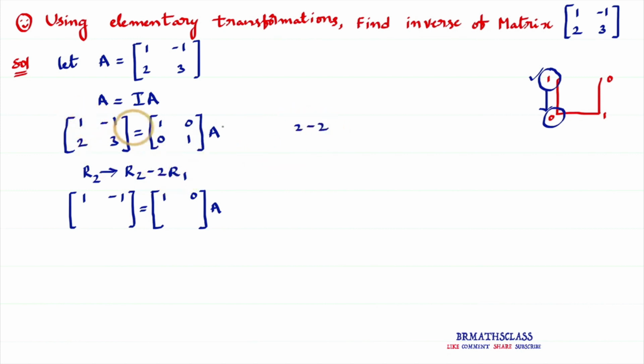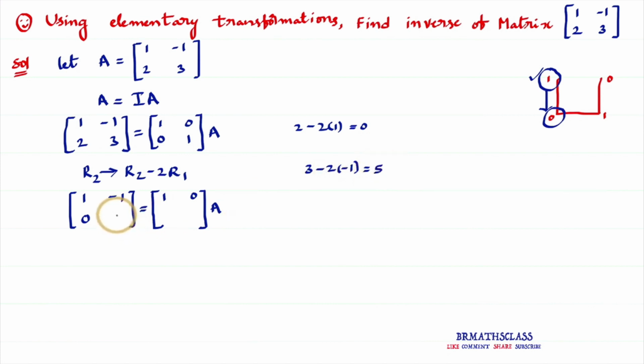What element is there in R1? 1, right? This is nothing but 0. So in this place, you will get 0. Now look at this element, R2. R2 means what here? 3. R2, 3 minus 2 times, look here, minus 2 times of R1. In R1, what element is there? That element is minus 1. So 3 minus of minus, plus, 3 plus 2 is what? 5.